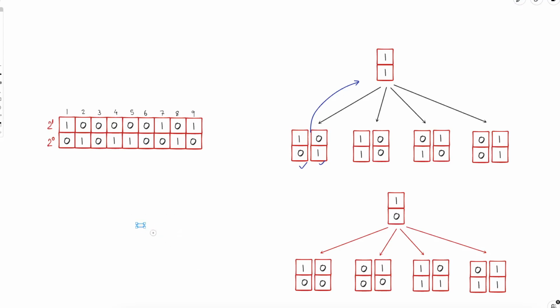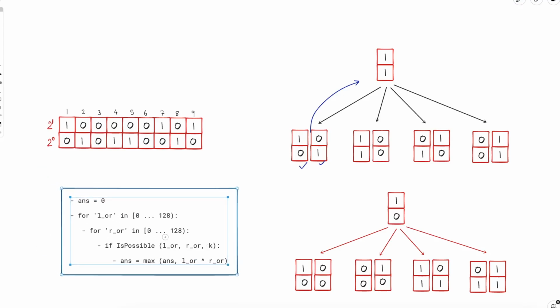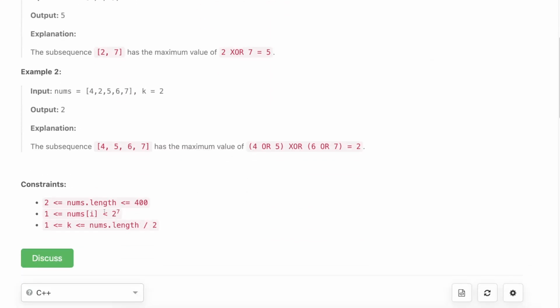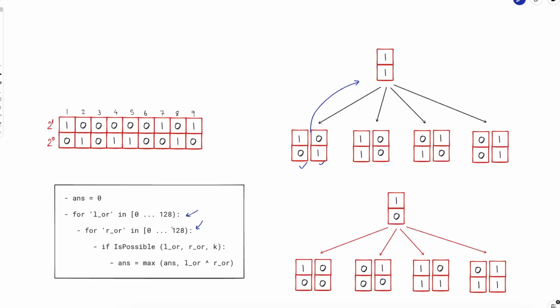So in other words, this is our overall approach. We will start with all possible left and right values. Why 128? Because the maximum value that is feasible is 2 power 7. So we'll find out all possible left and right OR values. For each pair, I will check whether it is feasible to get this pair with k elements or not.